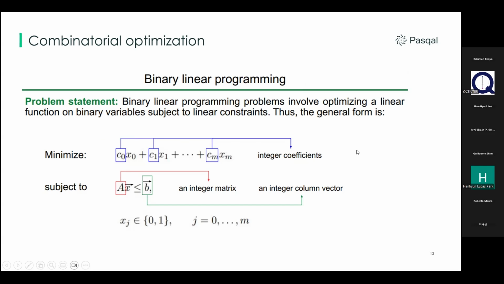This can be something simple with 1 or 2 terms, but this can be something with many different terms. So again, it is linear because it's a linear combination of known factors and the unknown variables. And it's binary because the variables can only have 0 or 1 as a value.